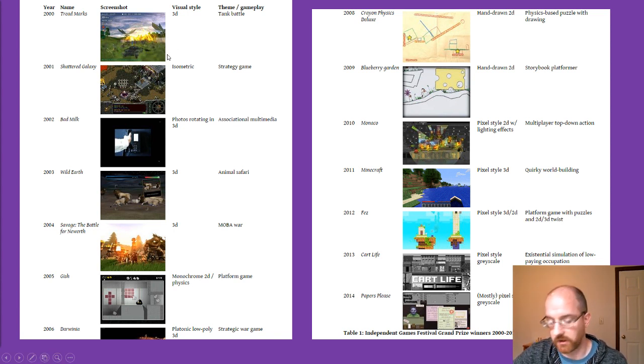And then suddenly, 2005, 2006, and so on into even modern times, what you're seeing, and this paper is a few years old, so that's why it cuts off at 2014, is that the art styles change pretty quickly around 2004.